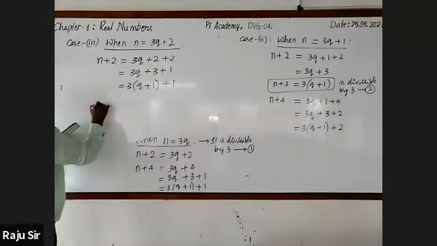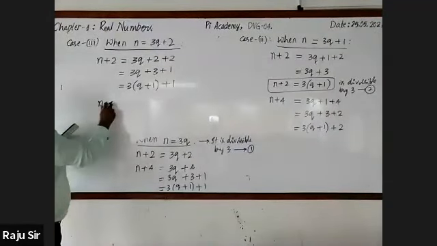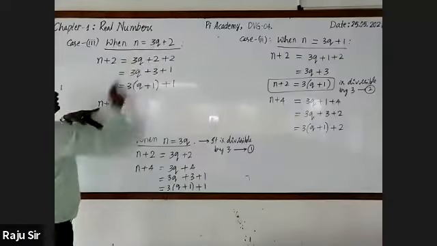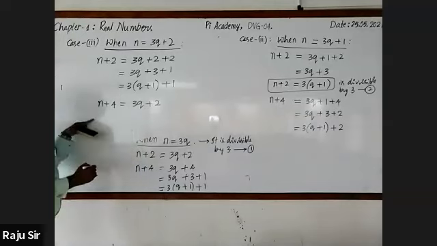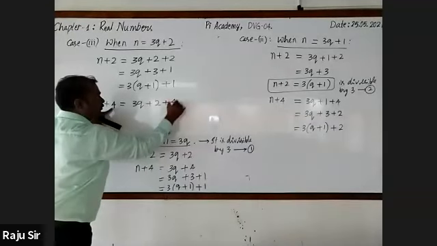Next, which is the next one? n plus 4, where n is 3q plus 2, plus 4.